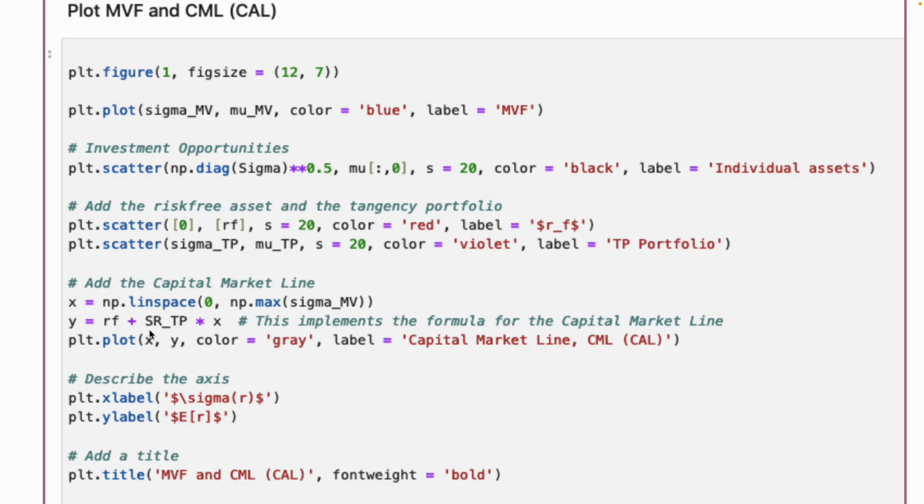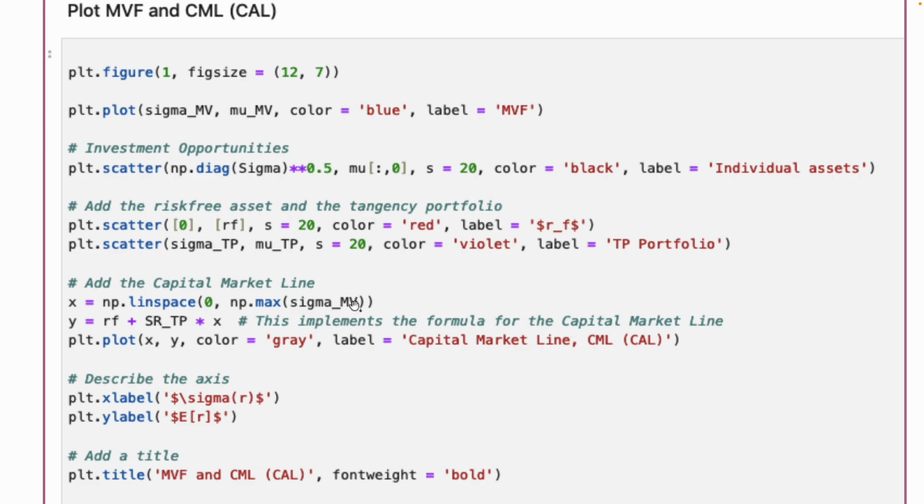So what I'm doing, I generate a local variable inside my figure function, which I call x, and that's with numpy I take the method linspace, so it's a linear space between 0, which will here be related to the risk-free rate, and the max of sigma MV.